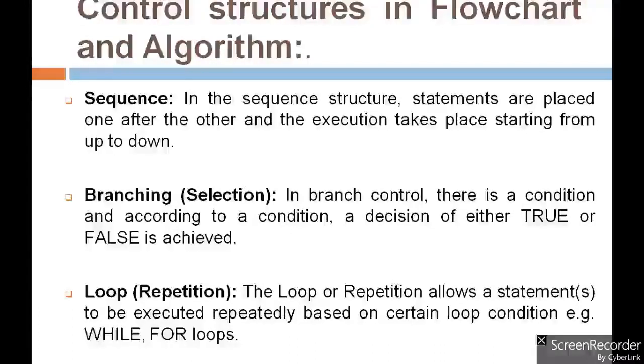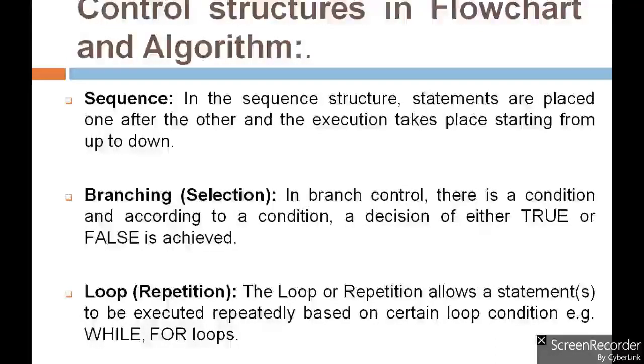Whenever we write steps in a one-by-one manner in an algorithm, it is known as a sequence structure. Statements are placed one after the other and execution takes place from the top to the bottom. So this is known as a sequential algorithm or the sequential manner of the flowchart.